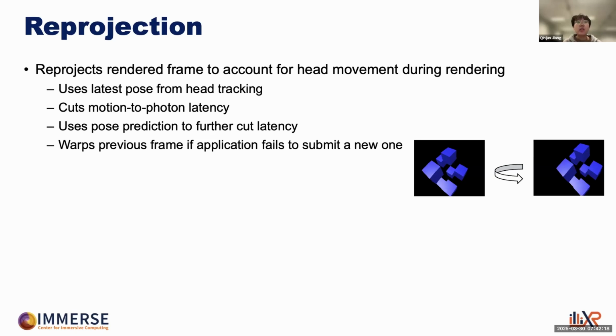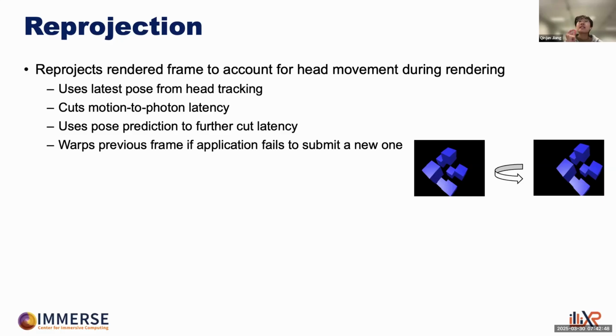Another important function of reprojection is when the application fails to submit a new frame, right? Ideally, if we set the rendering frequency to maybe 120, we would expect the application to submit a new frame every 8 or so milliseconds. But sometimes it cannot make it because the scene complexity is changing, so the time that you need to render a frame also changes, right?